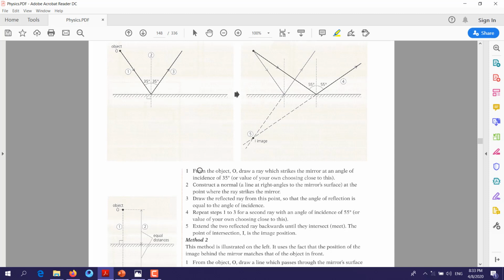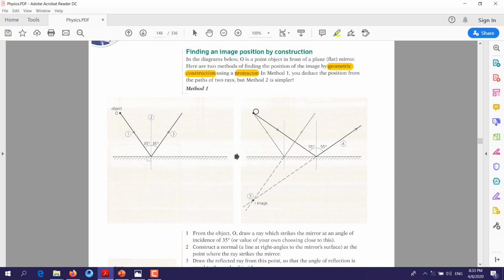As we mentioned, we have method number 1 and number 2. Method number 1 is a little bit complicated, while method 2 is much simpler.